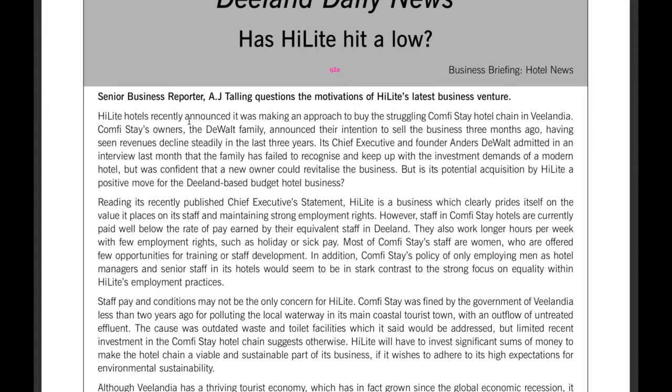This particular Highlight recently announced it was making an approach to buy the struggling Comfy Stay hotel chain in Vilandia. Comfy Stay's owner, the DeWalt family, announced their intention to sell the business 3 months ago, having seen revenues decline steadily in the last 3 years. So basically this news is saying that they are declining, and that's where you are coming in to buy this particular hotel.